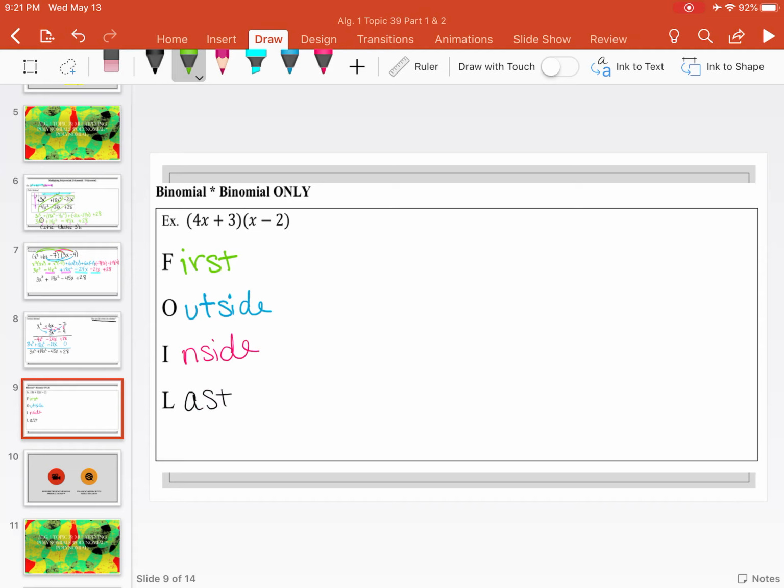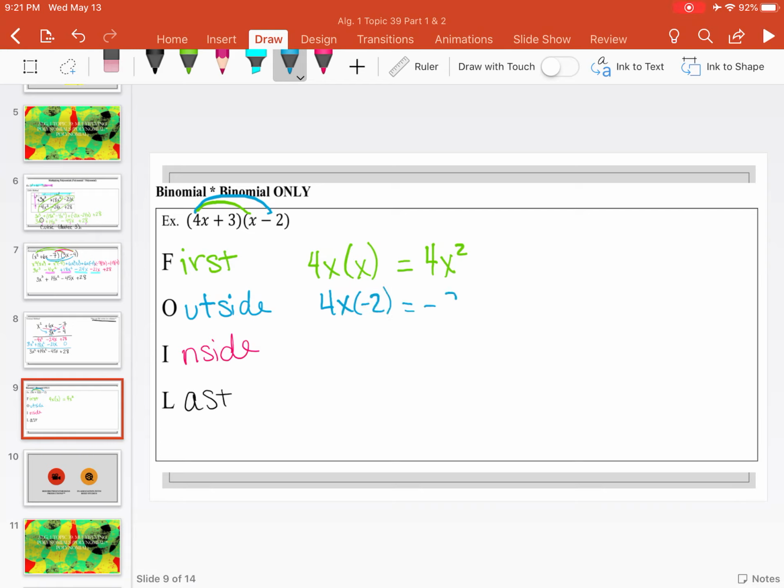What do I mean by that? For the first, we multiply the first term of each binomial. 4x times x gives us 4x squared. Outside, we multiply the outermost terms, 4x and negative 2.